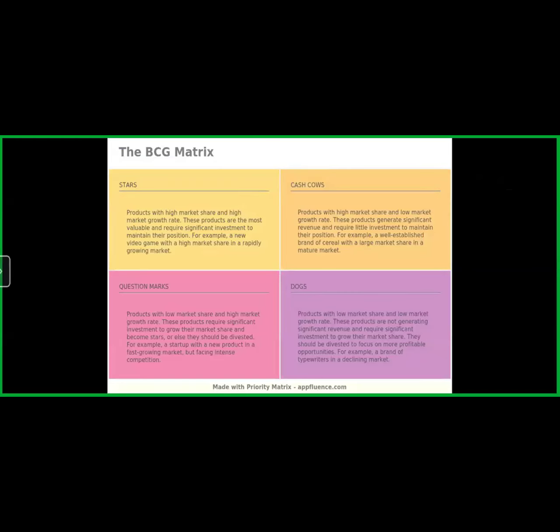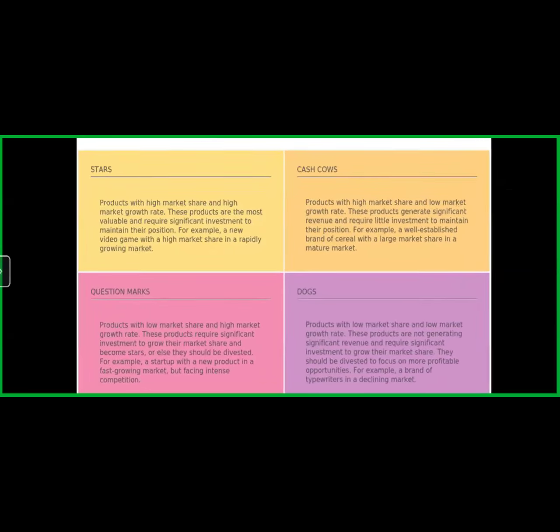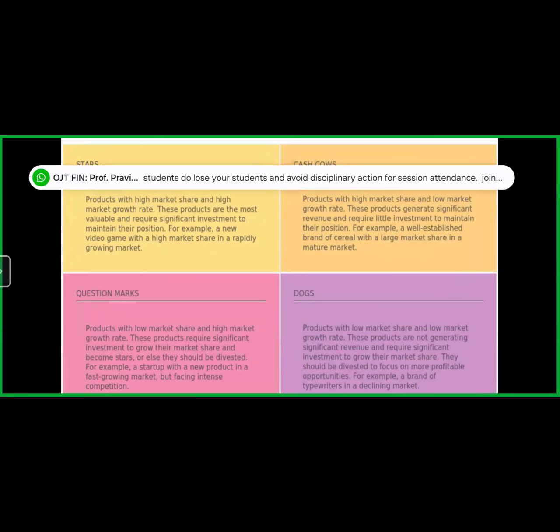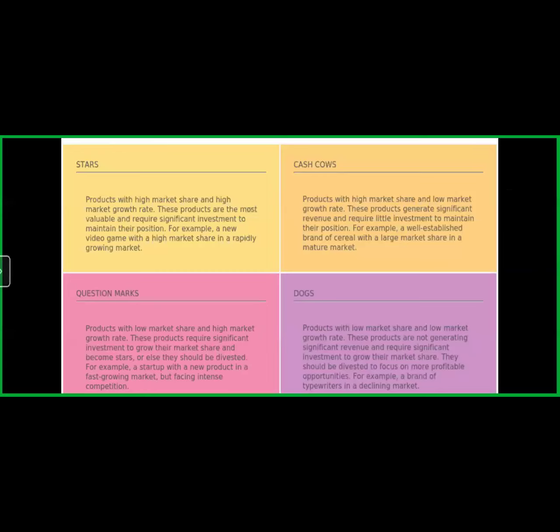Stars are products with high market share and high market growth rate. These products are most valuable and require significant investment to maintain their position. For example, a new video game with a high market share in a rapidly growing market. So that indicates star.